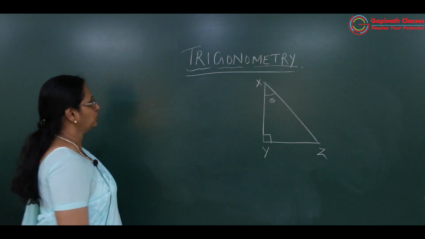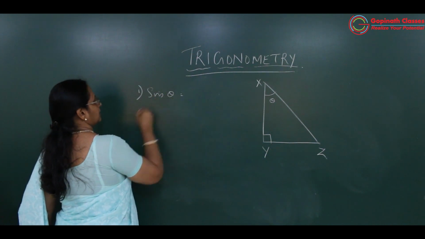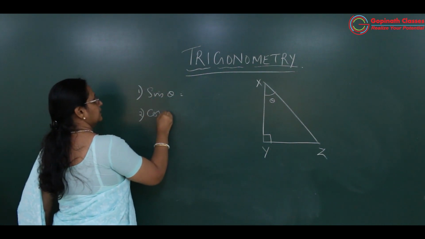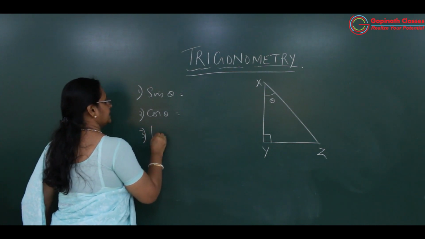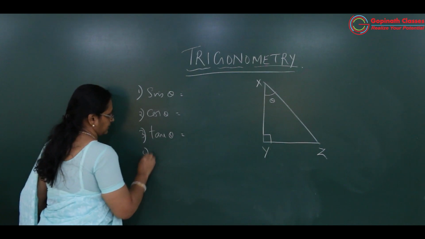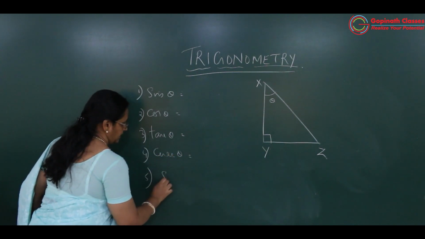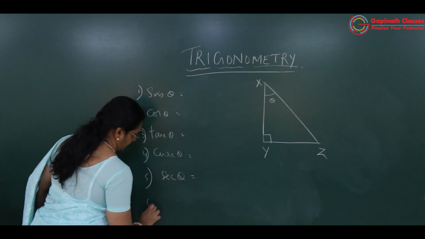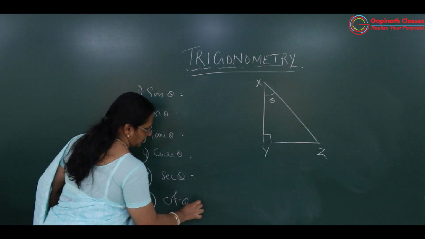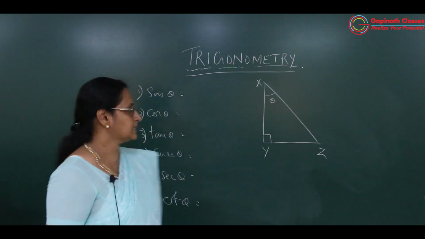Now I want you to write all the 6 ratios: sin theta, cos theta, tan theta. These are the basic ones. Now if you invert them you will get the other remaining 3: cosec theta, sec theta, and the 6th one is cot theta. Look at this triangle and please write all the 6 ratios.